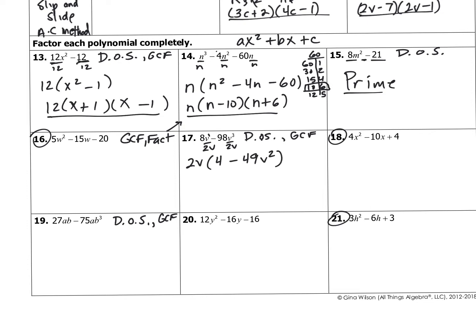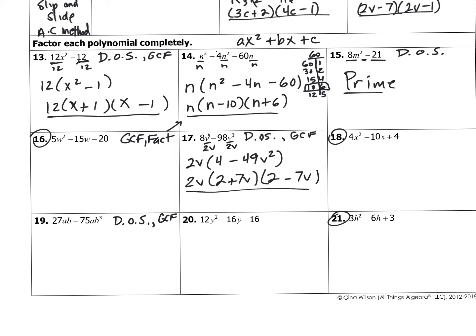So that is what's left in the parentheses there, 4 minus 49v squared, is a difference of squares. So I have 2v times two binomials, one's addition, one's subtraction. The square root of 4 is 2, and the square root of 49v squared is 7v. And that's it.